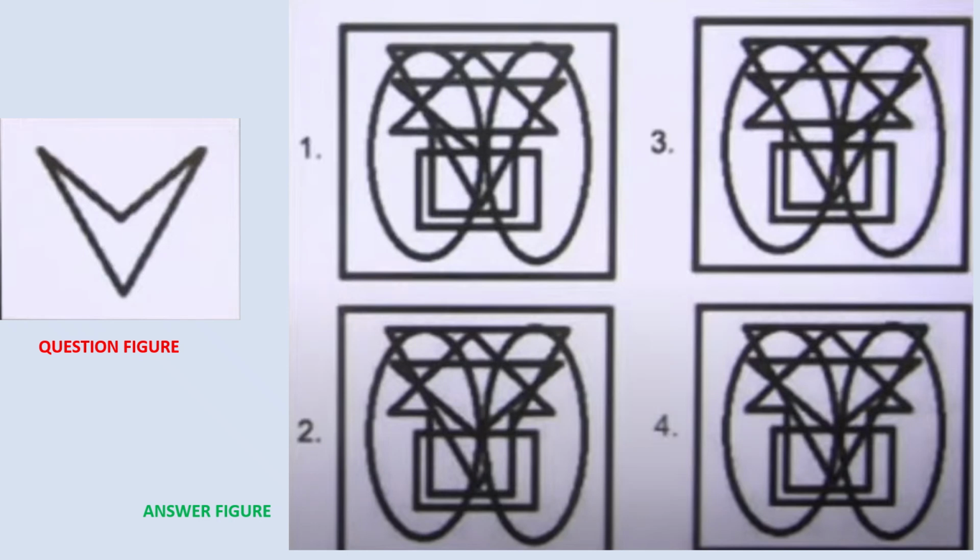Next one on your screen, the question figure is given and the answer figures. Four answer figures are given to you. Find the embedded image where rotation is not allowed. I'll give you a few seconds to solve this. Please do solve.